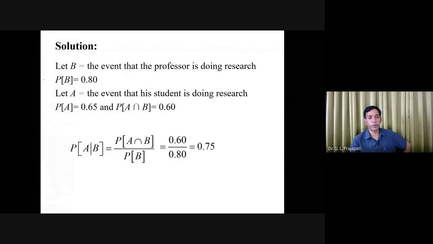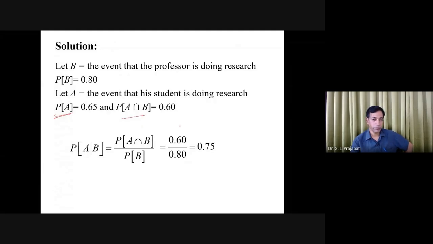Read the question carefully, denote the events, and see what information is given and what you need to compute. That's all. You are supposed to compute the probability that the student is doing research given that the professor is doing research. Since you are directly given the probability of the intersection and the probability of B, you can directly use this formula.